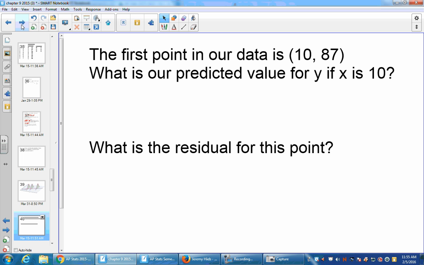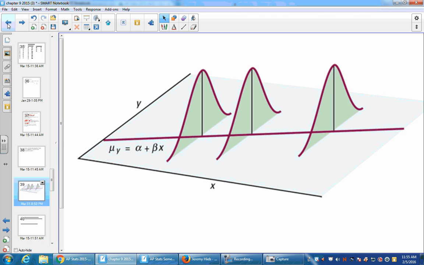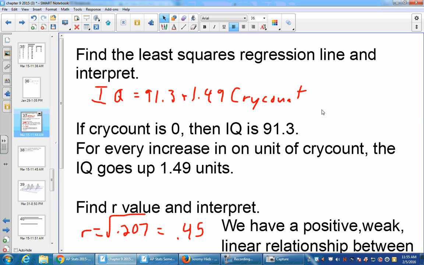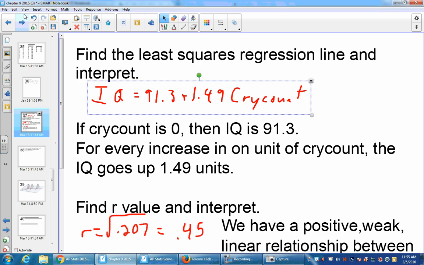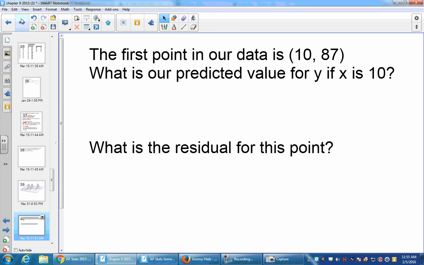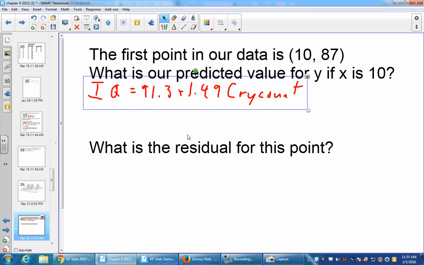Now, here's another couple review things. Our first point of the data is (10, 87). What is our predicted value for y if x is 10? So what we have to do is look back at our equation.